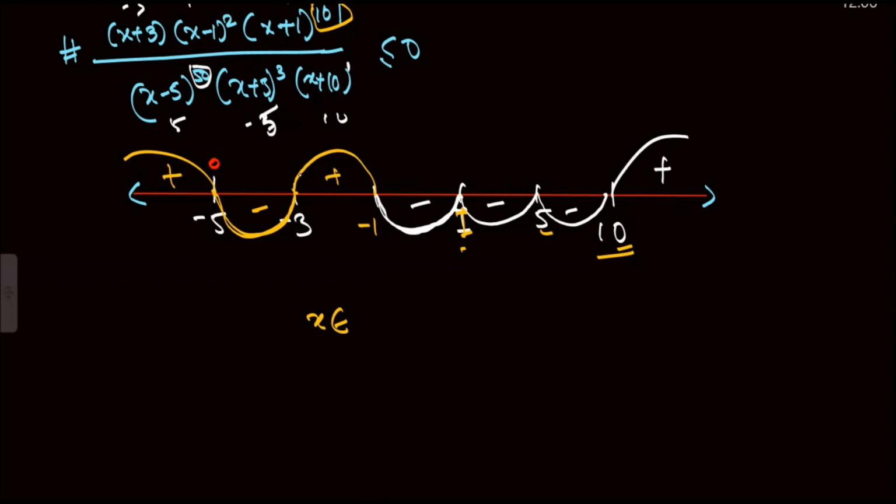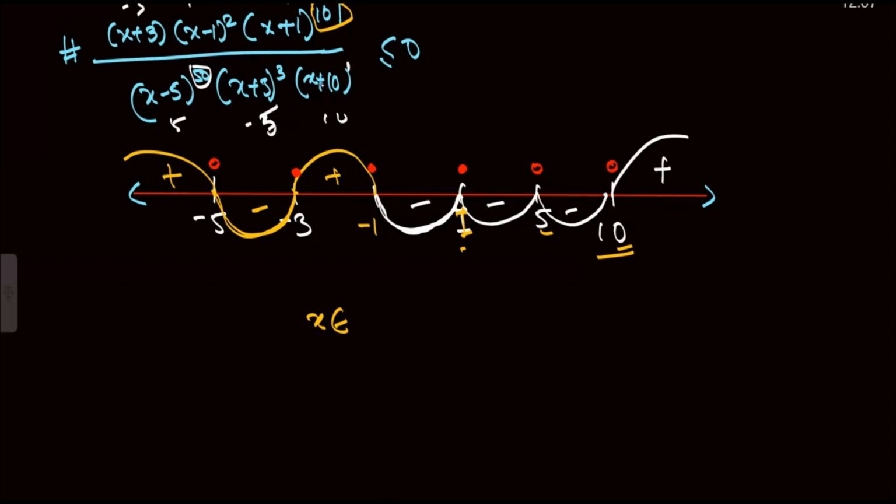Up. Then it will be solid since it is equal to 0. Next, -1, down or up? Up. Solid. 1, up or down? Up. Solid. 5, up or down? Down. Hollow. 10, up or down? Down. Hollow.